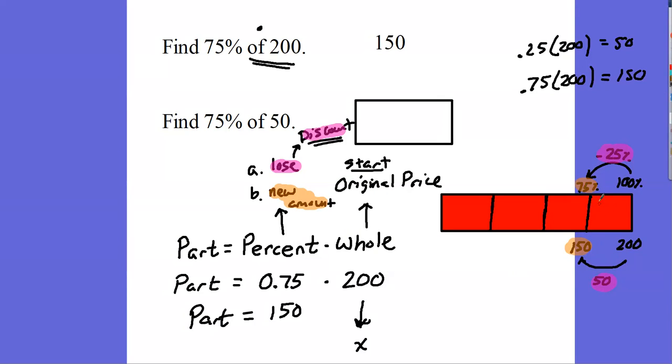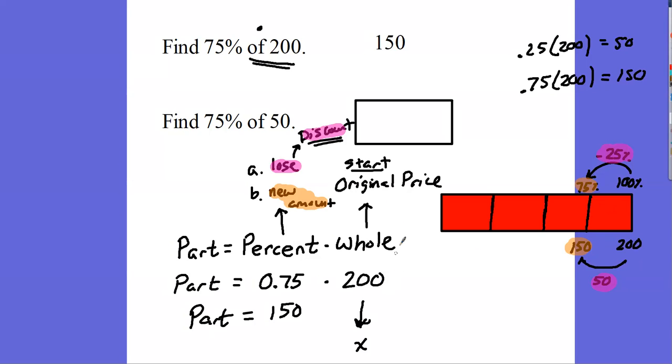So let's say that I had a problem that said my discount is 25%. And now the new price is $150. In that case, you're basically saying, all right, so I am taking 75% of some starting amount, X, 0.75 times X, and that's going to equal the 150.